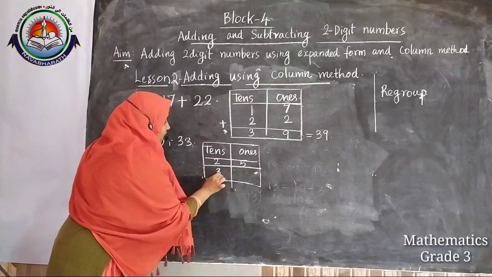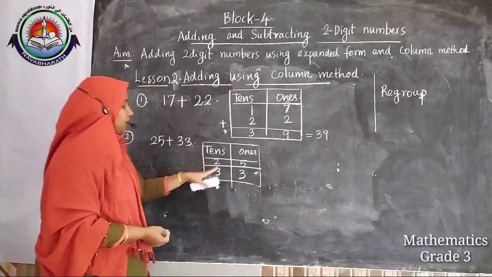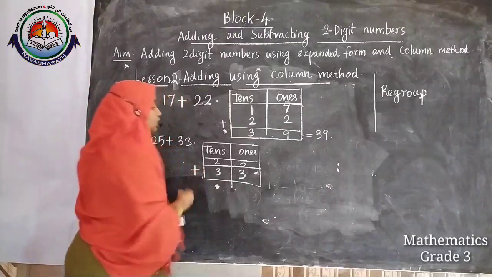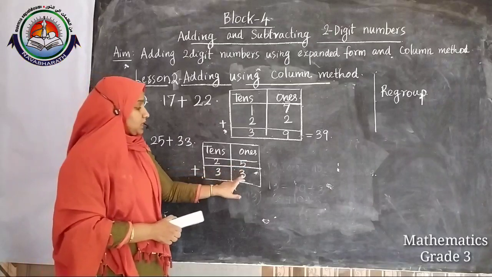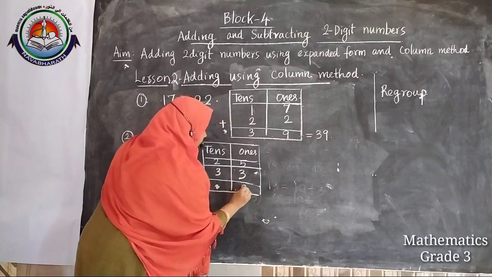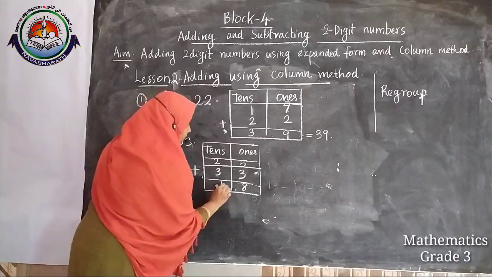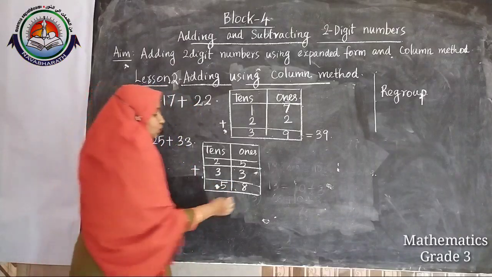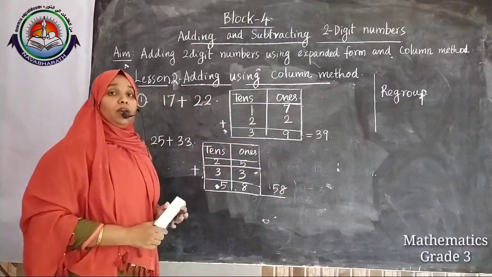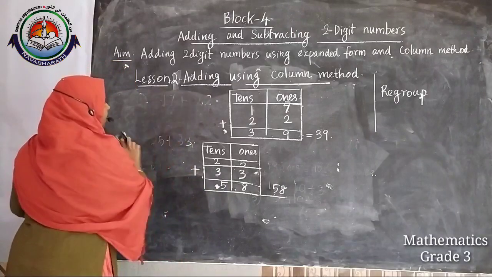And for 33, here it is 3 tens and 3 ones. Then we have to add these two numbers. 5 plus 3 is 8. Then what is 2 plus 3? That is 5. So our answer is 58. Okay, let us consider one more example.